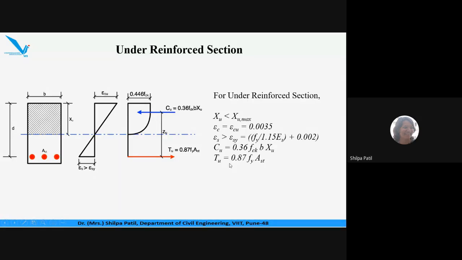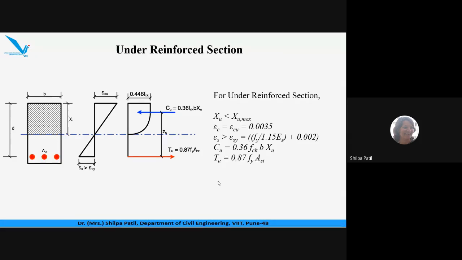Quickly, anybody tell me, what do you understand by under reinforced section? Percentage of steel is less than the concrete, meaning the steel fails before the concrete fails. The concept is clear, but the definition is a little wrong. Percentage of steel is less than the critical percentage steel.